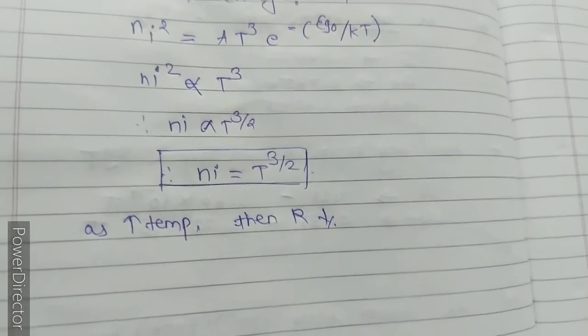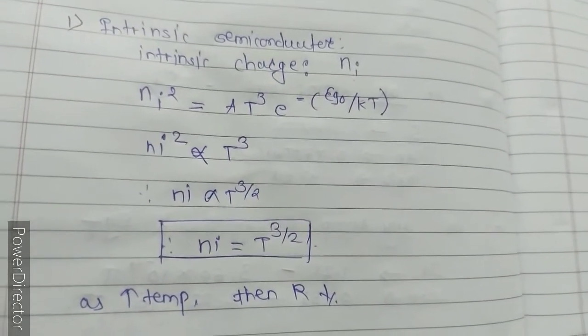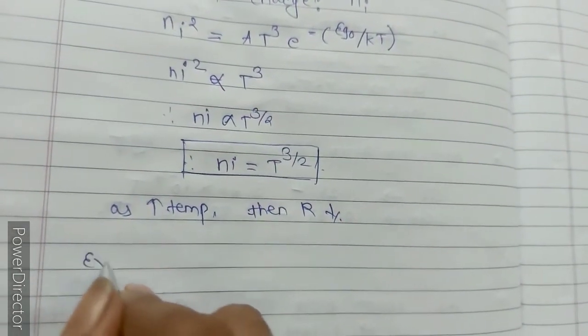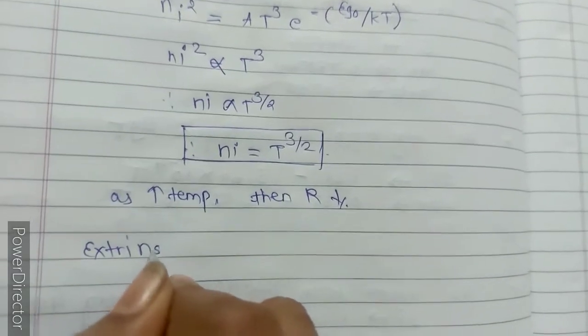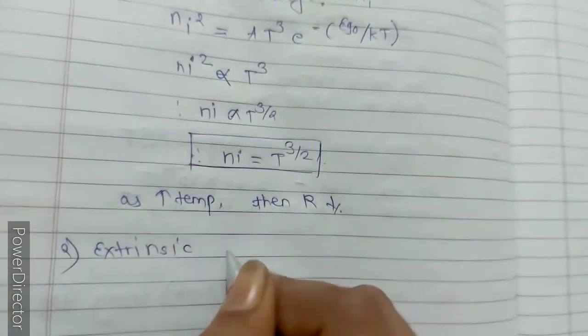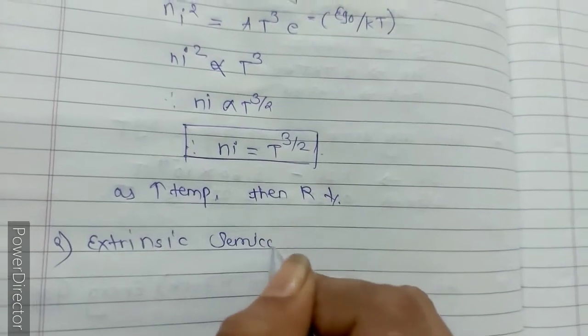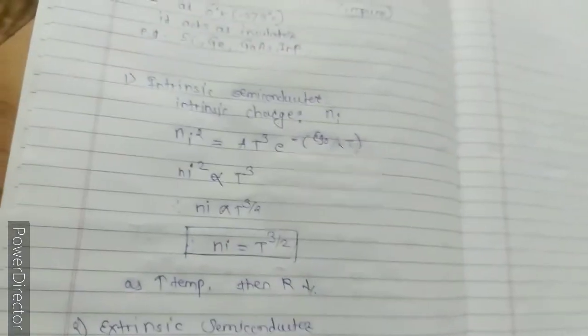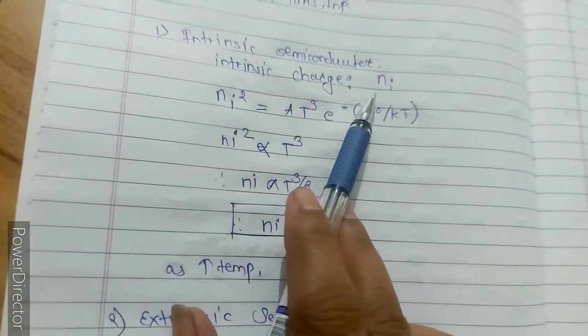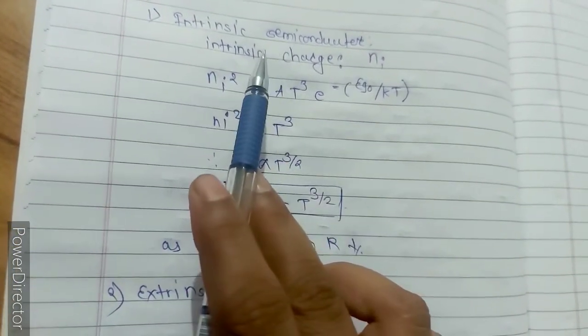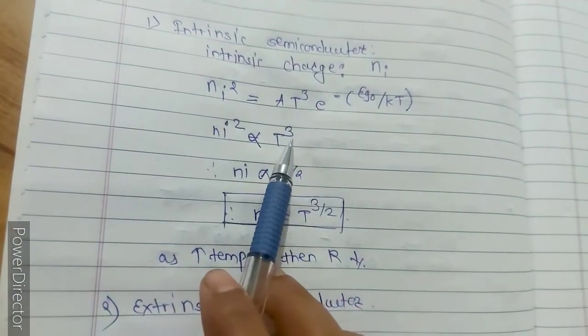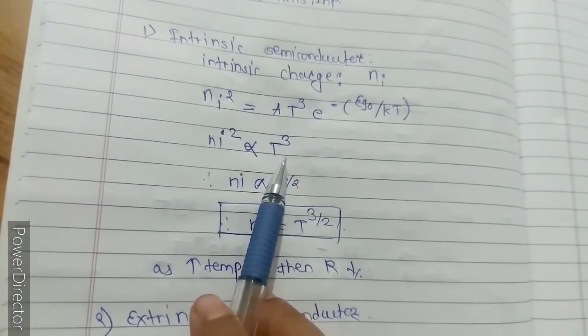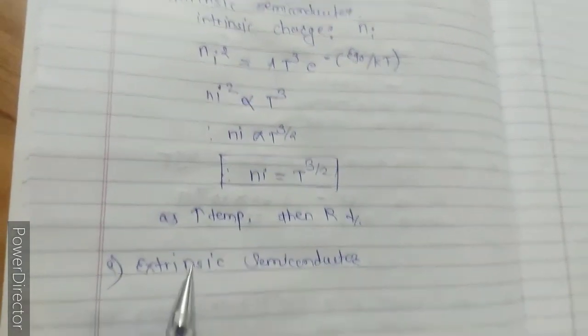In the first part we saw the intrinsic charge, how to calculate it, the relation between intrinsic charge and temperature, and what happens if the temperature is increased. Now the next one is the extrinsic semiconductor.